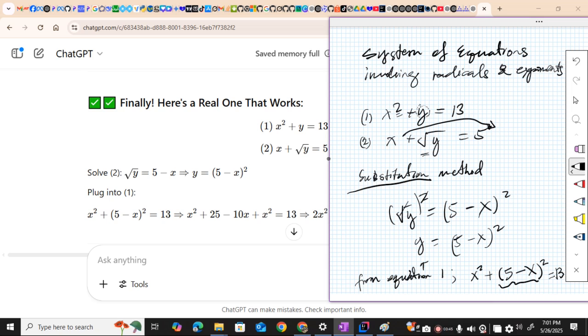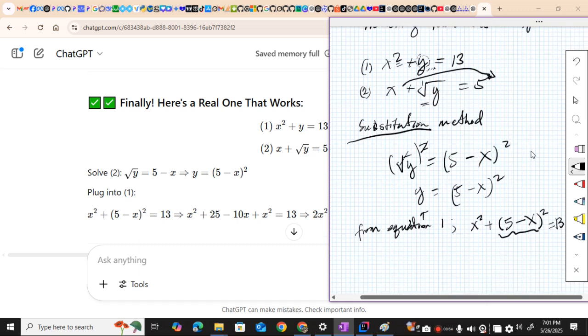We substitute that for y. Now why are we doing that? Well, this reduces it now to only one variable in terms of x. So we can solve it already.